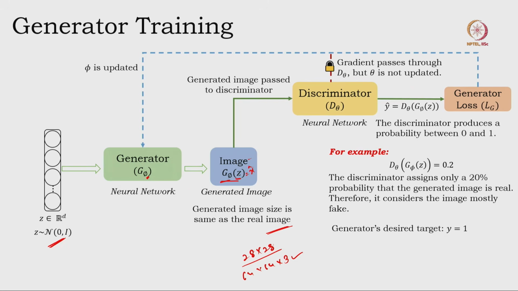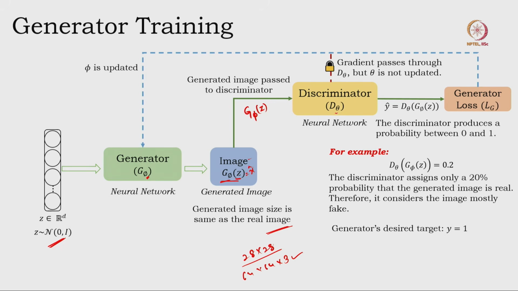Now, whatever images the generator has generated are passed to a discriminator. The discriminator is a neural network, so that neural network will have certain parameters, and those parameters here are theta, which can be weights and biases.